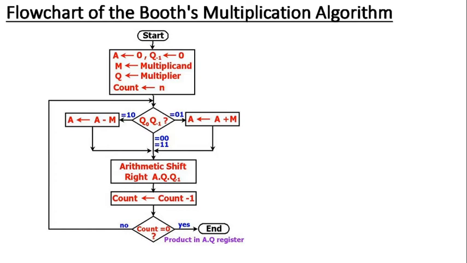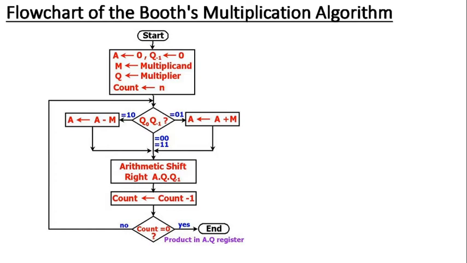then in that case, it will simply go back to carry out the next iteration from the left side. If count is not 0, it means still some more iterations are to be performed, so it will go back.